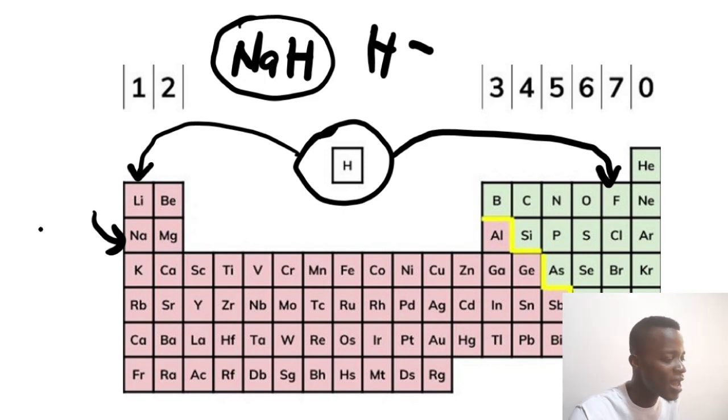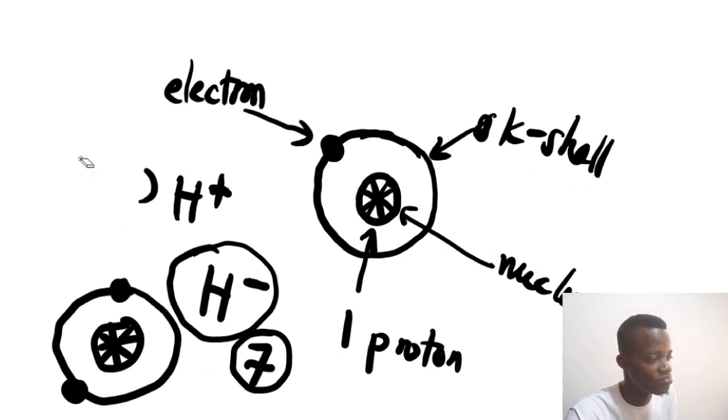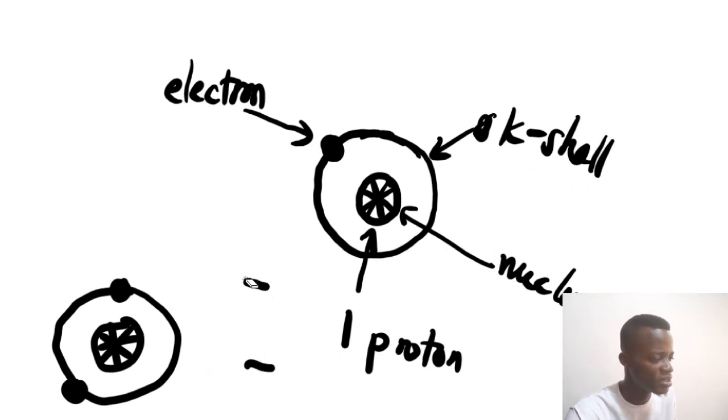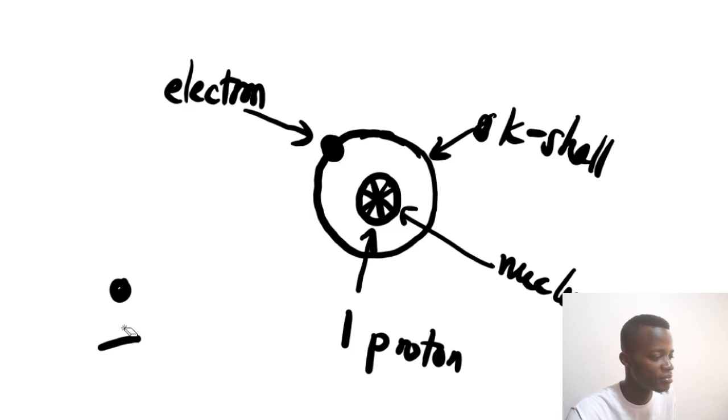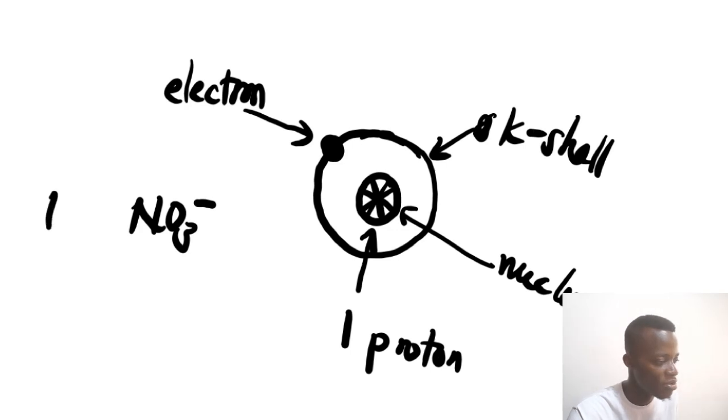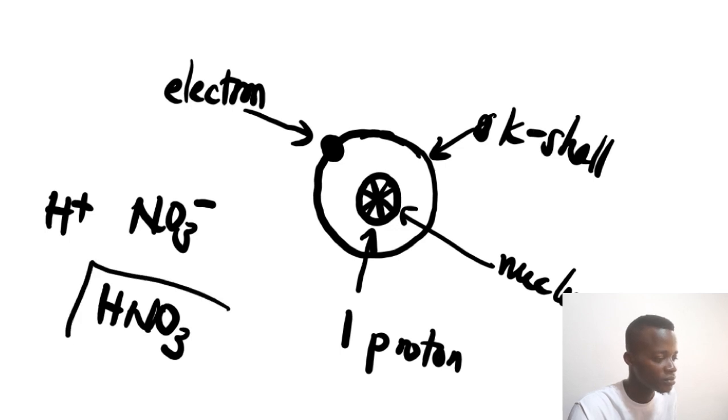We are going to look at other species, and in some of those species, like acids, we have NO3 minus coming with H plus. These come together to form HNO3.